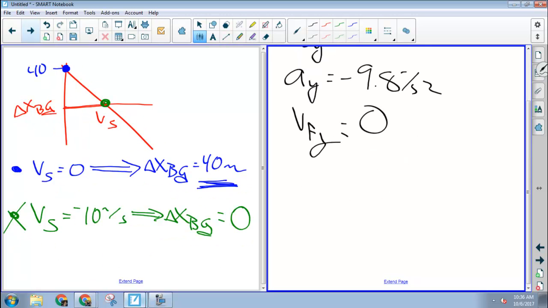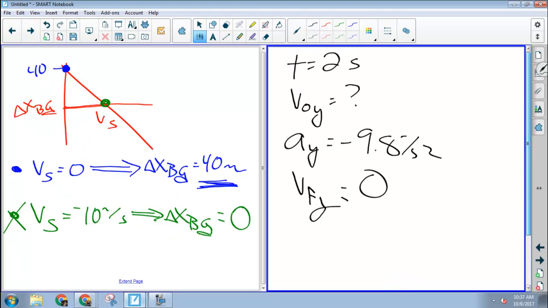So now you just use A equals VF minus VI over T and solve for VI. Follow? All right, so this trick, you guys, is a thing that you absolutely have to know for projectiles. If you know how long a projectile is in the air, assuming it starts and ends at the same height, you automatically know your VIY.